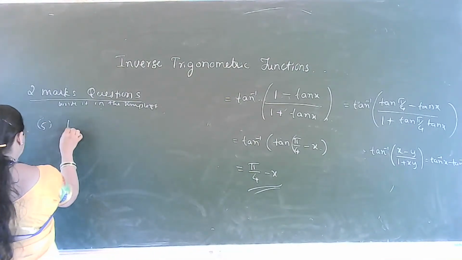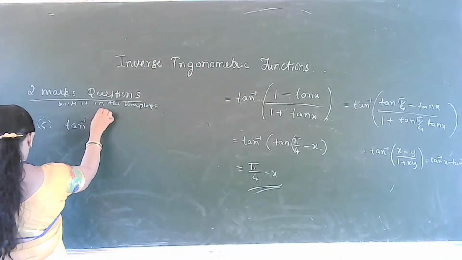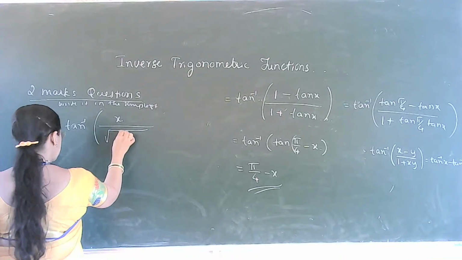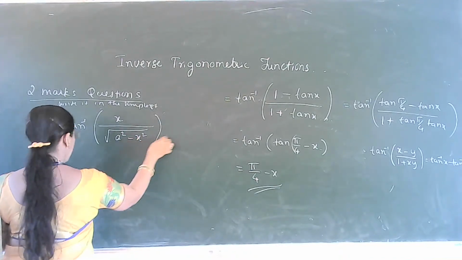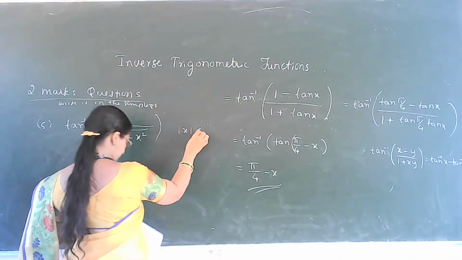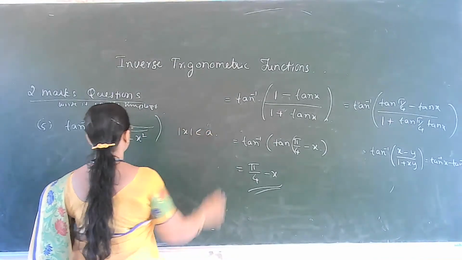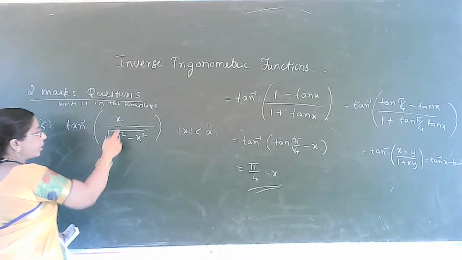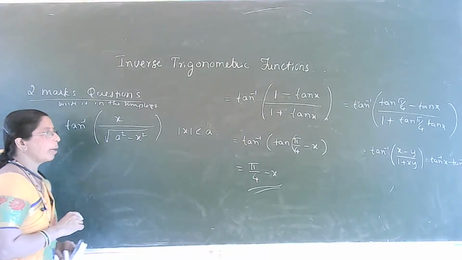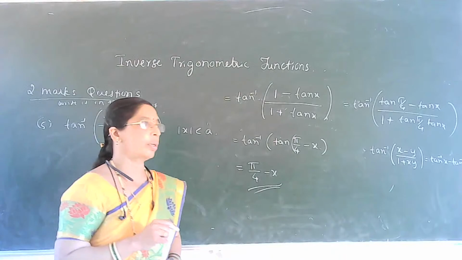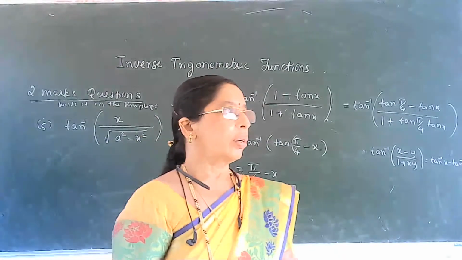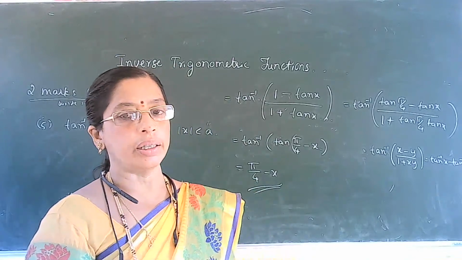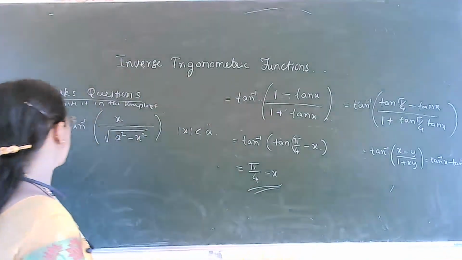Fifth question. Tan inverse of x divided by square root of a square minus x square, where mod x is less than a. Here, we put some trigonometric function in place of x.